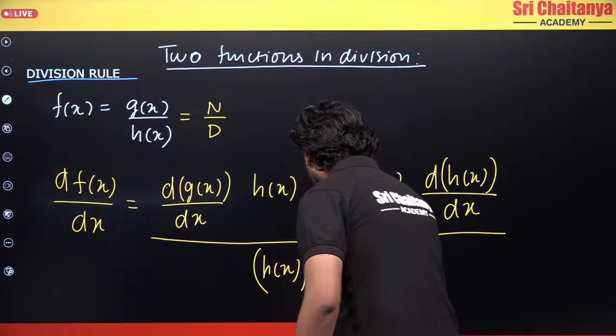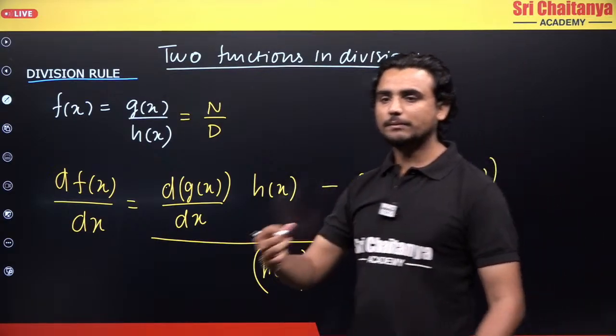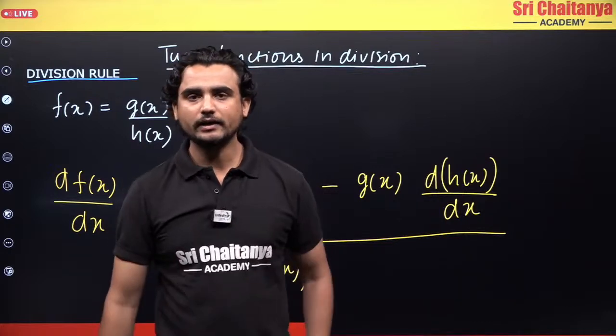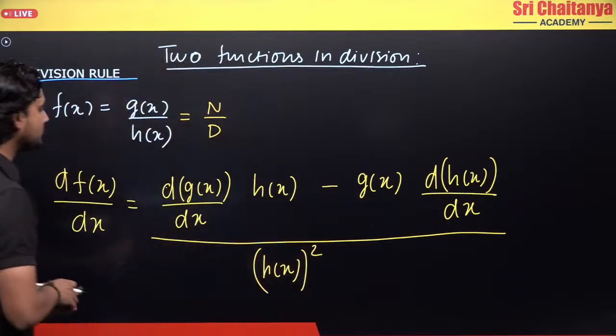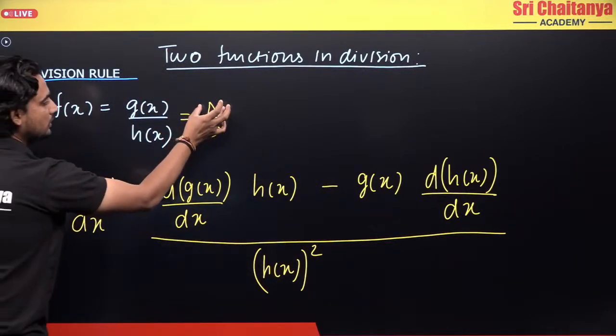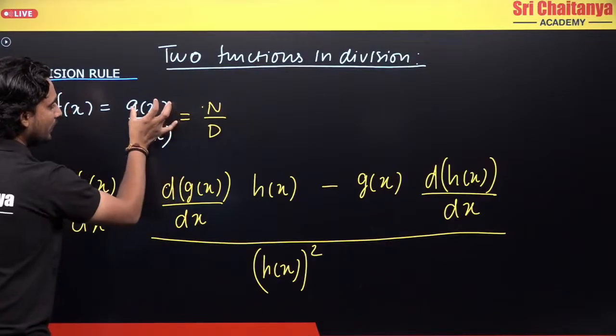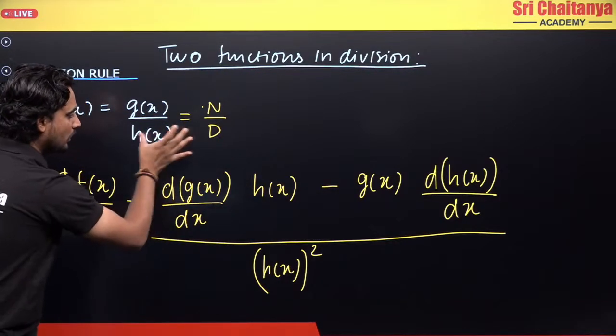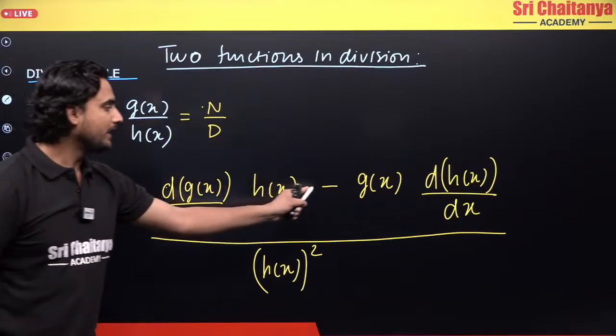So this is a way to remember it. Suppose I walk into a clinic. The first person I meet is the nurse. The nurse is the numerator, so I differentiate the numerator and keep the denominator, the doctor, as it is. Minus.